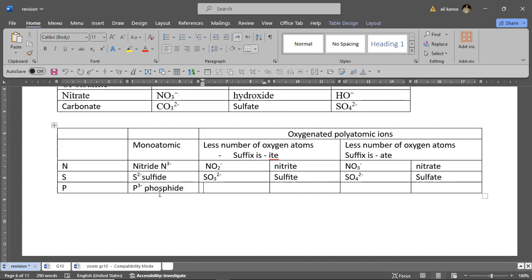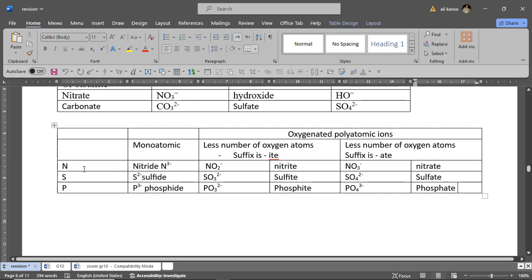PO3, similarly as S, PO3 3 minus, we call it phosphite. PO4 3 minus, we call it phosphate. Okay.